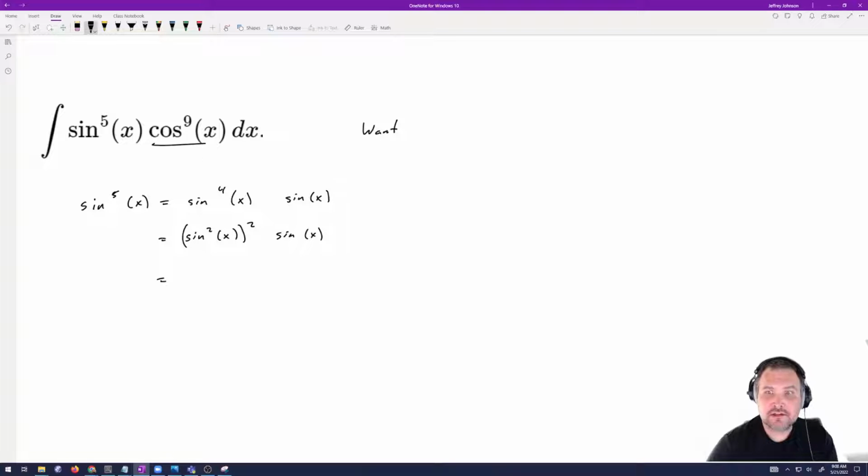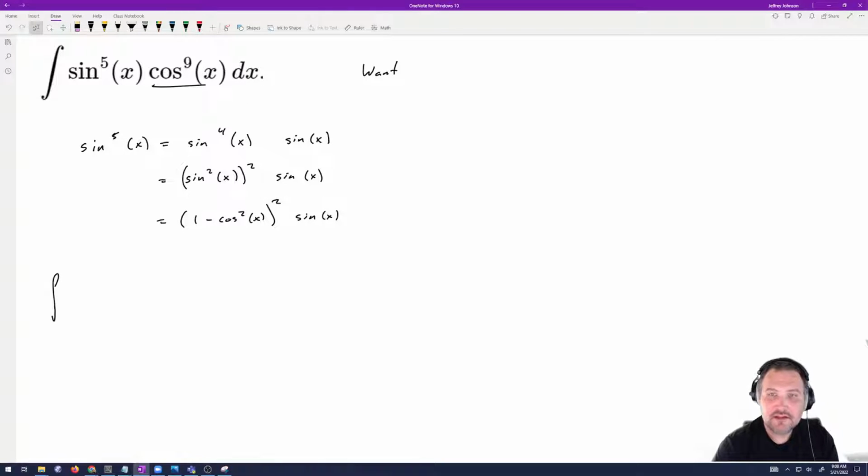So sine squared is 1 minus cosine squared, and that's all squared, times the sine of x. Good, so that lets us rewrite this integral. We have 1 minus cosine squared x, squared, times the cosine to the ninth power of x times sine of x dx.